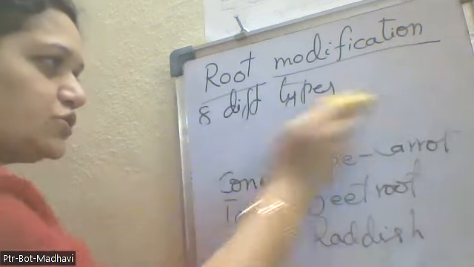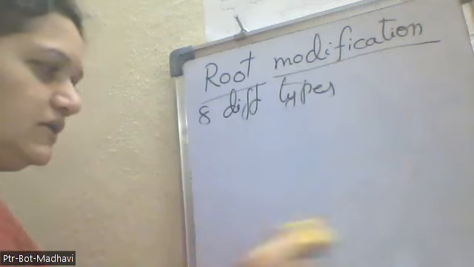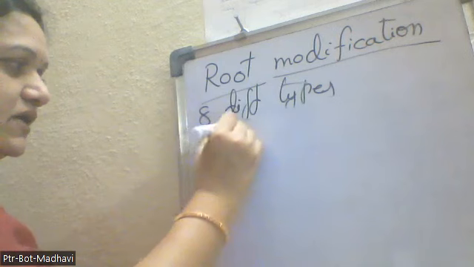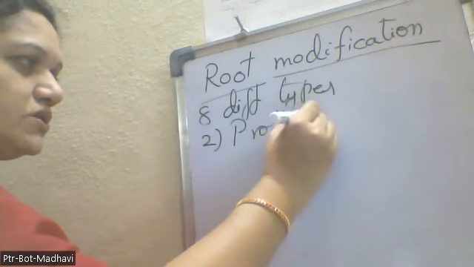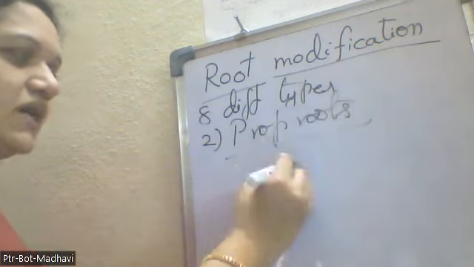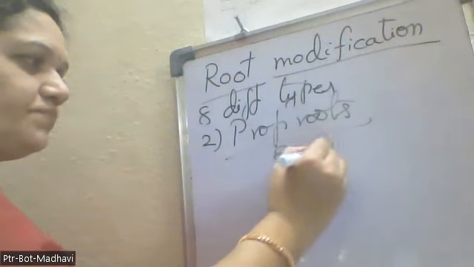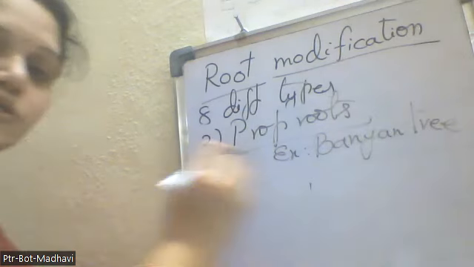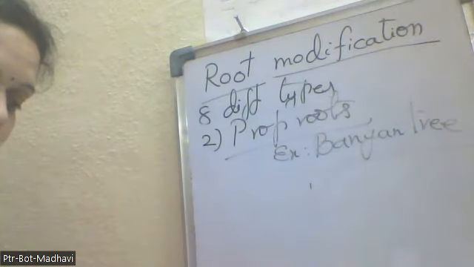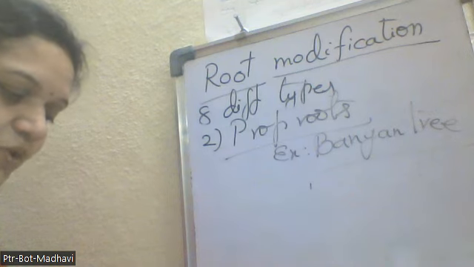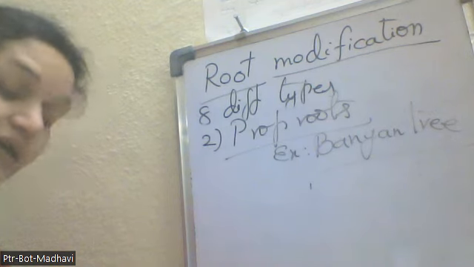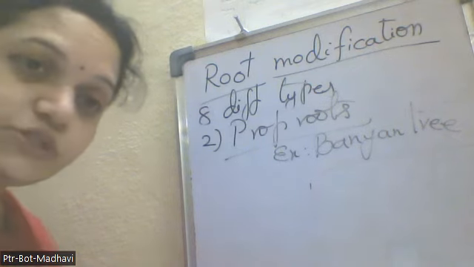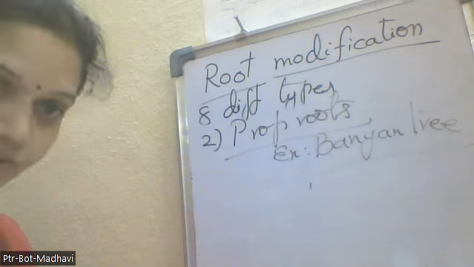The next root modification is the pillar roots or prop roots. Example, banyan tree. What we have to write is that the roots develop from the heavy branches of the tree, which gives extra support for the heavy branches.